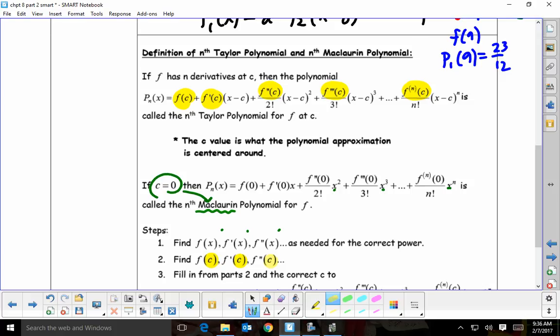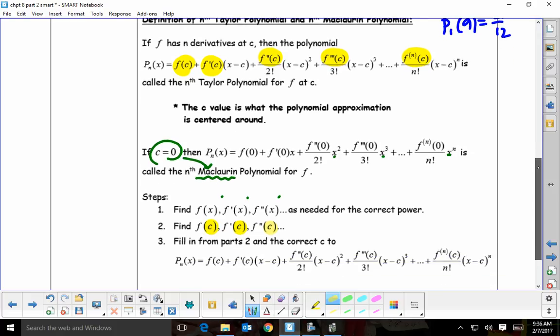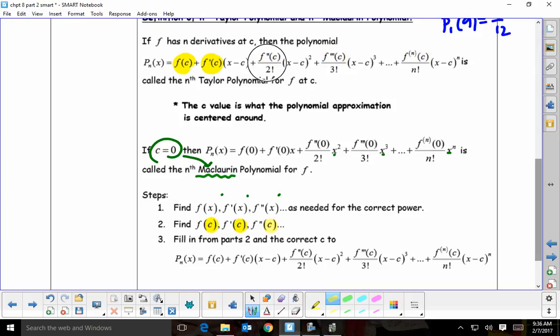Then you fill in the rest of the parts, and I also plug in my C's. It's like plug-and-chug.